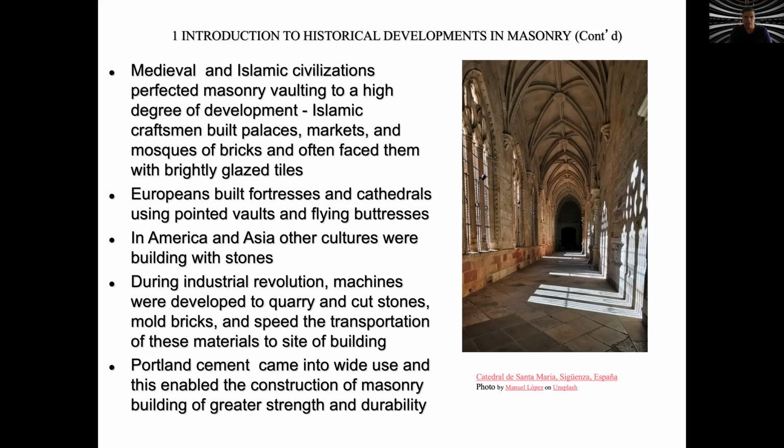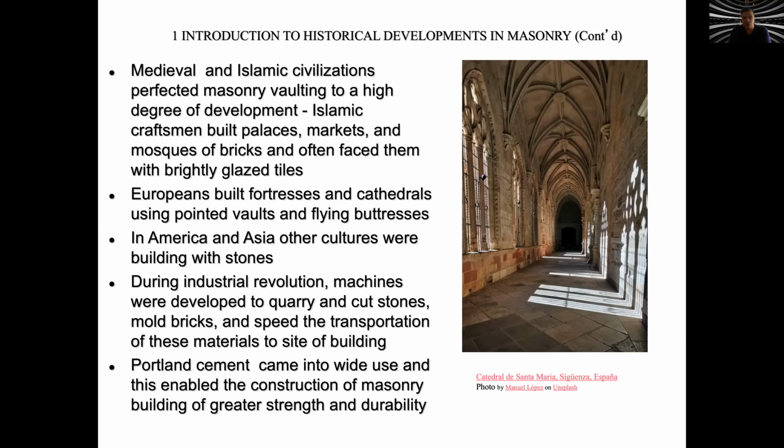The Europeans also built fortresses and cathedrals, and they discovered the arch and were able to use vaults and beautiful elements like flying buttresses that structurally helped Masonry reach a very high level of structural perfection. In America, in Asia, other cultures also built with stones.